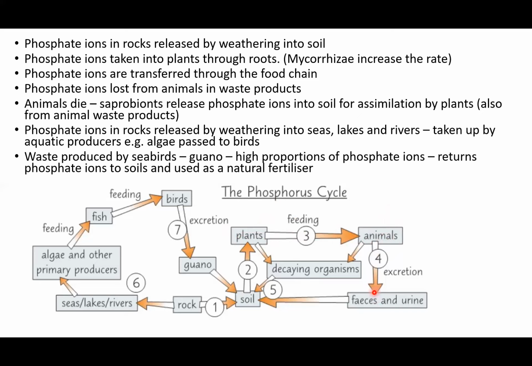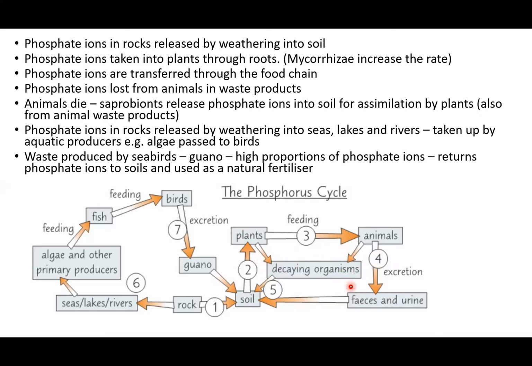When animals die, saprobionts are involved in breaking down the organic products, including the decaying organisms and the feces and urine. This whole section here is carried out by the saprobionts, breaking down the organic compounds. They release phosphate ions into the soil for assimilation by the plants to take back up. These microorganisms also release those phosphate ions from the urine and feces.